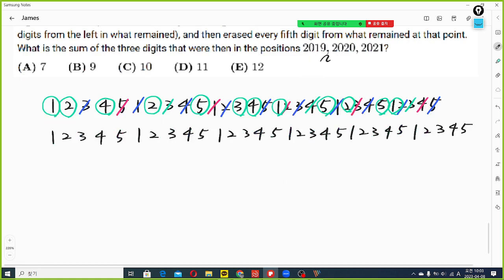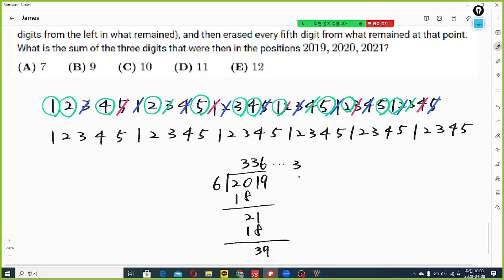Let's divide 2019 by 6. So the remainder is 3 when 2019 is divided by 6.